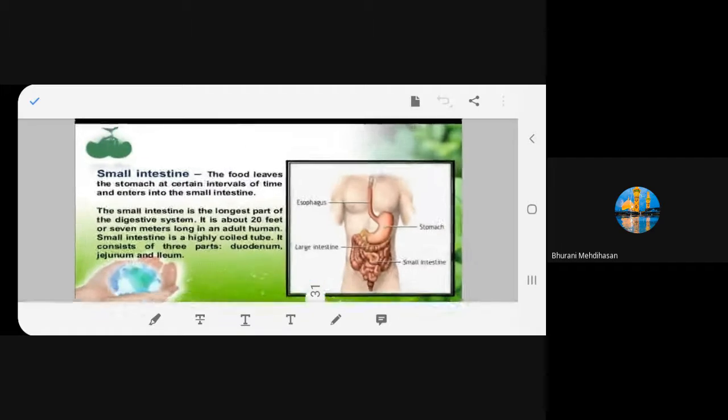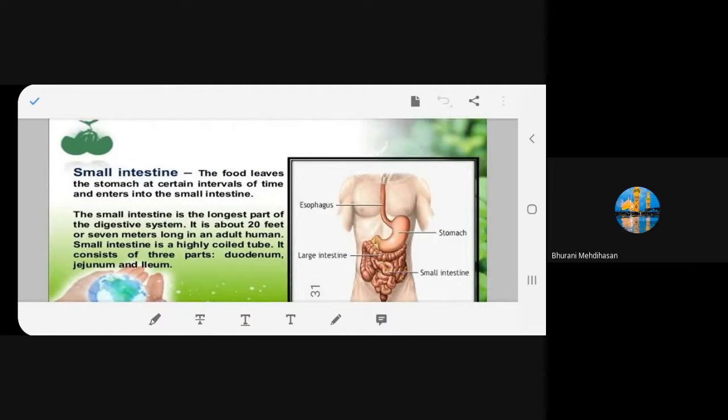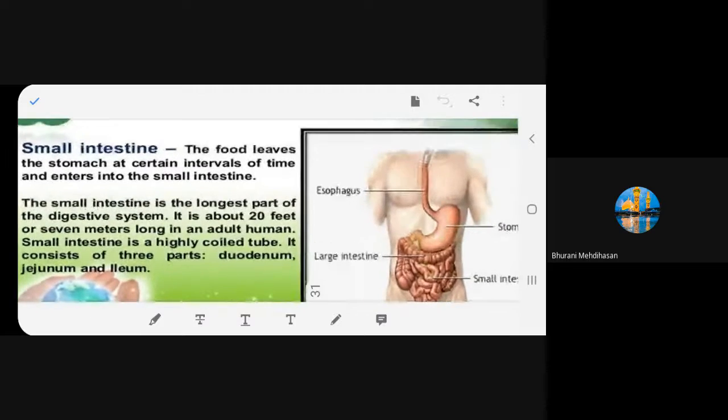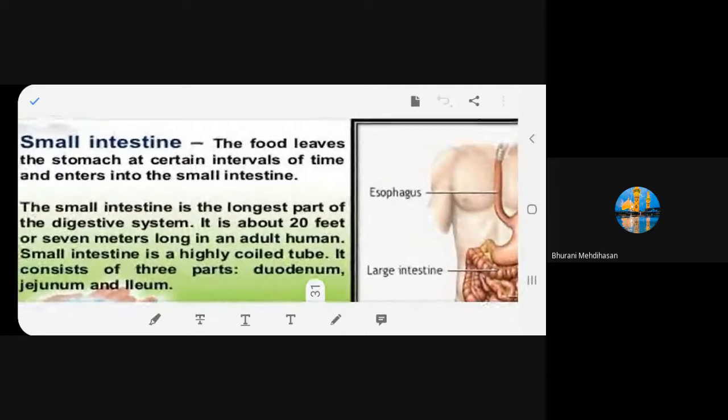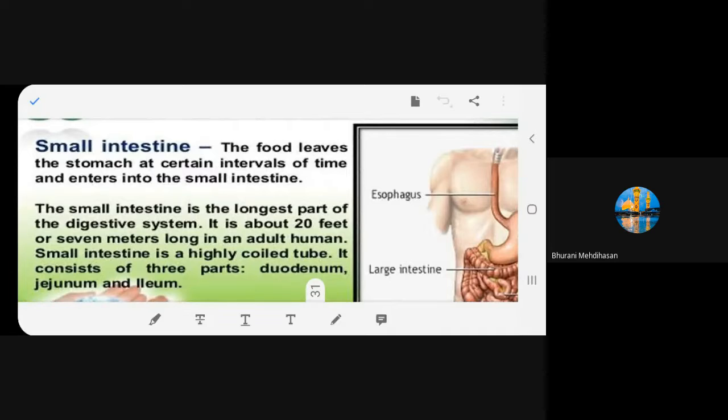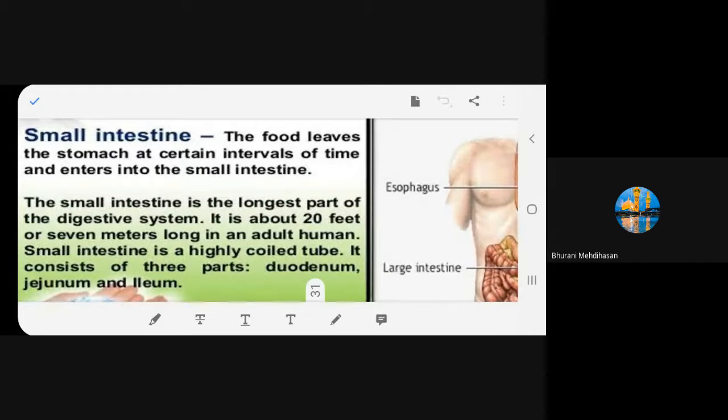Now let's see. This is all revision. We have already done this, the small intestine, but I'm revising it again. Now what happens in the small intestine? From the stomach, it goes to the small intestine. Read.